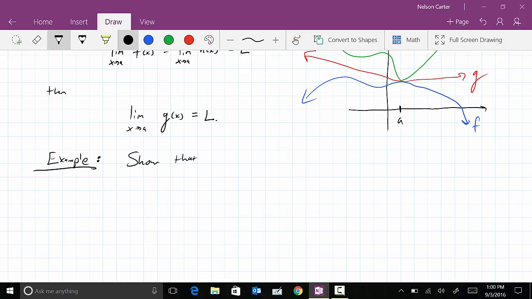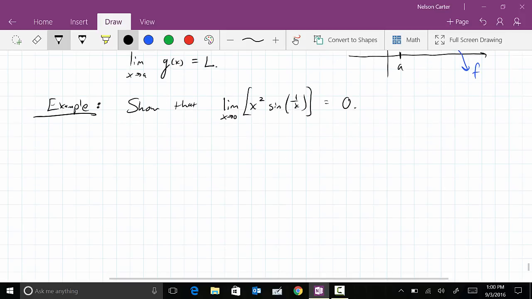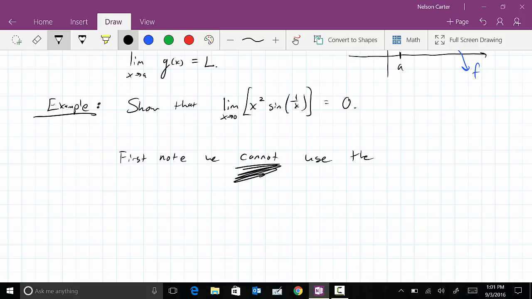Show that the limit as x approaches 0 of x squared times the sine of 1 over x is equal to 0. So first note we cannot use limit law 4.